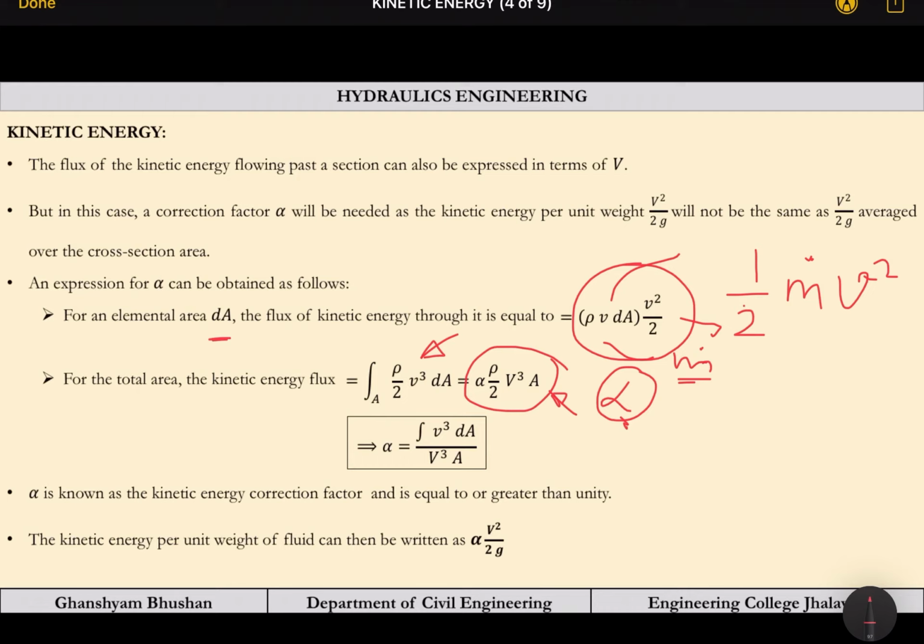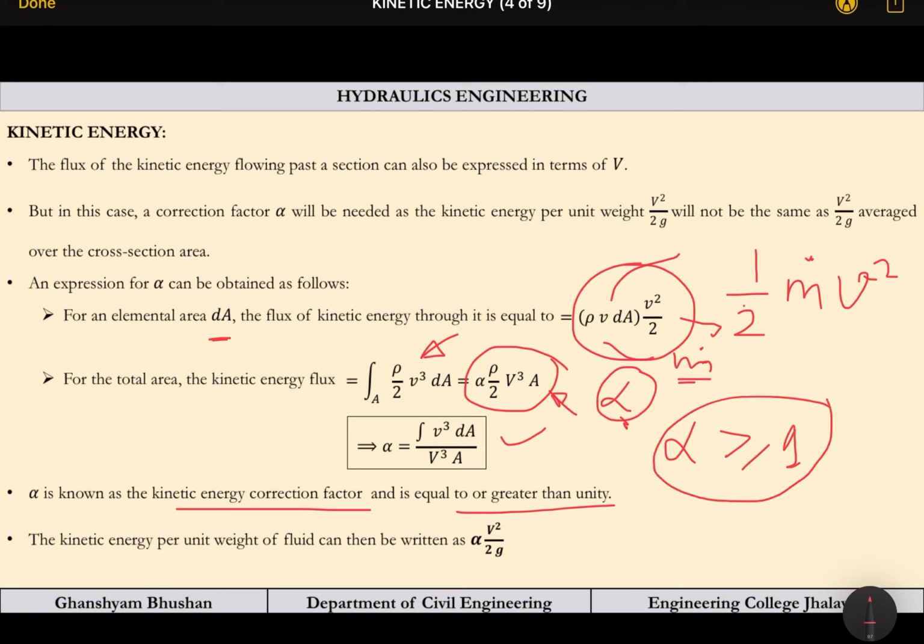It will be equal to alpha into rho by 2 mean velocity cube into A. So just taking the ratio, we will get alpha as the integral of the original velocity cube dA divided by mean velocity cube into A. So alpha is known as the kinetic energy factor, and it is always greater than or equal to unity.